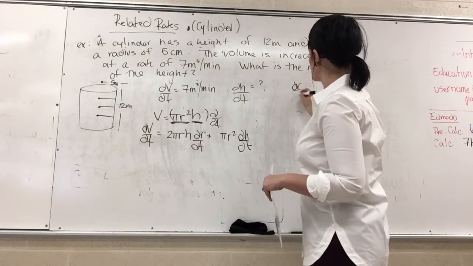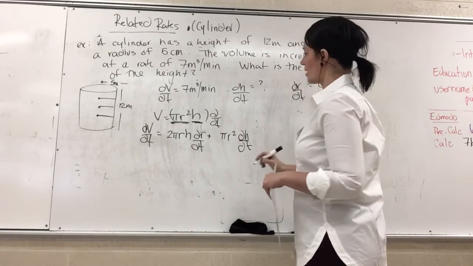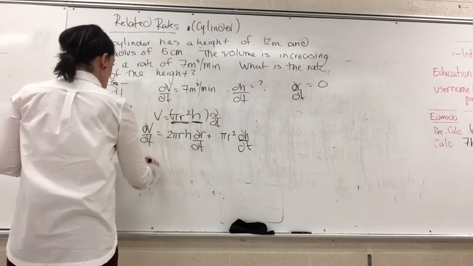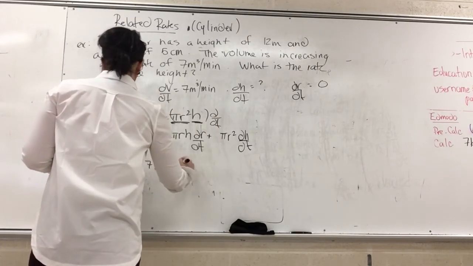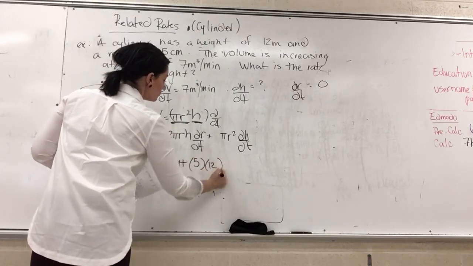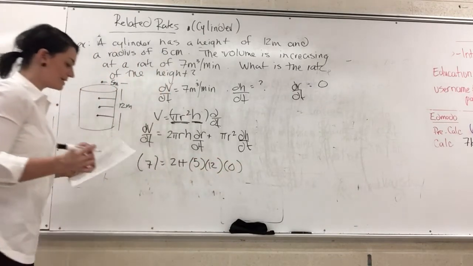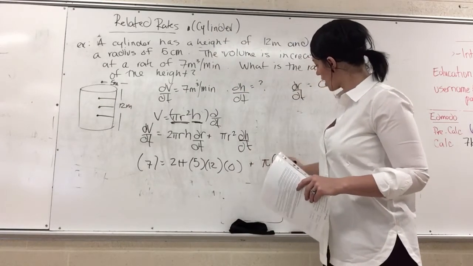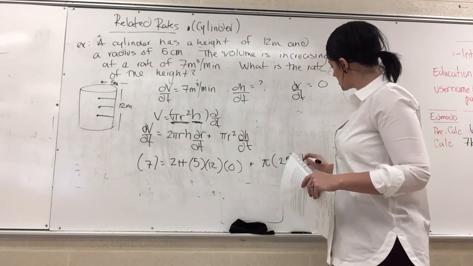Remember that dr/dt is 0, and I'm looking for dh/dt. So dV/dt is 7, equals 2 pi, r is 5, h is 12. That doesn't really matter because dr/dt is 0, okay? Plus pi r squared dh/dt.